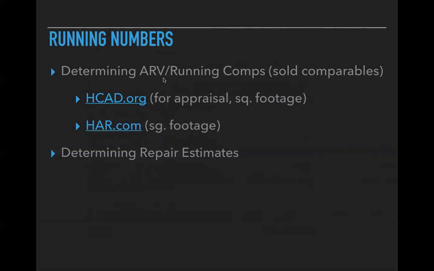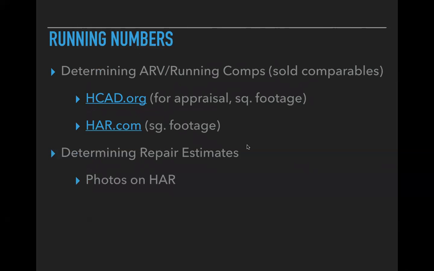I always elect for a comp that you can get from the backside of the MLS over an estimate, but this is fairly accurate. But the fact that you do have access to the MLS, I'd prefer if we just ran comps that way too. That way we're all running comps the same way. So that's the first component of running the numbers, is figuring out the comps.